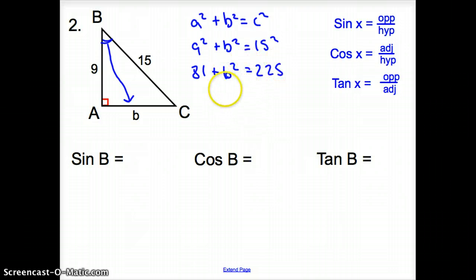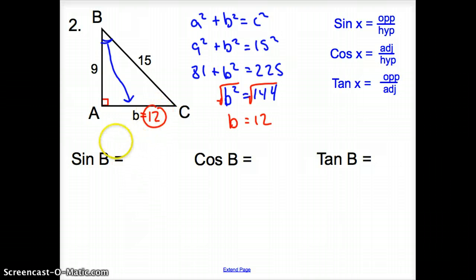I subtract my 81 over, so b squared equals 144. How do you undo that square? Please remember that we have to square root both sides, and so now b is 12. We are going to use that 12.